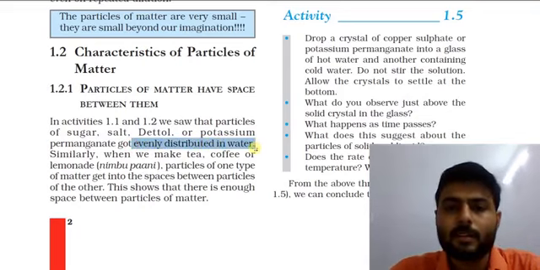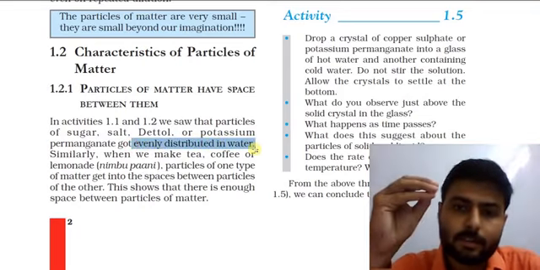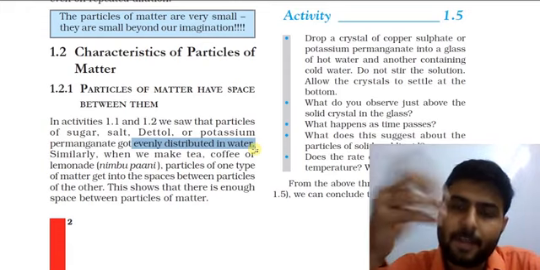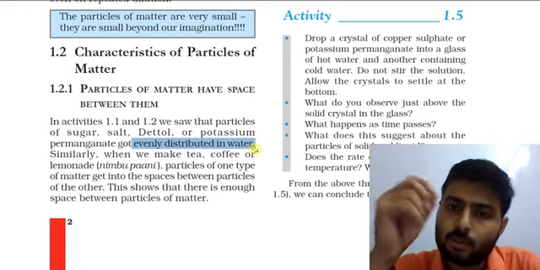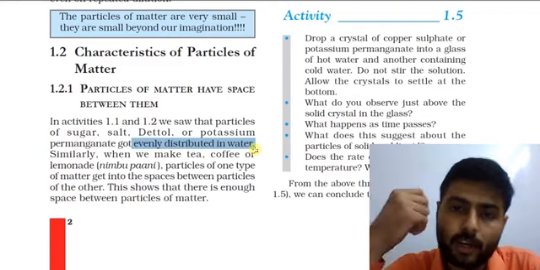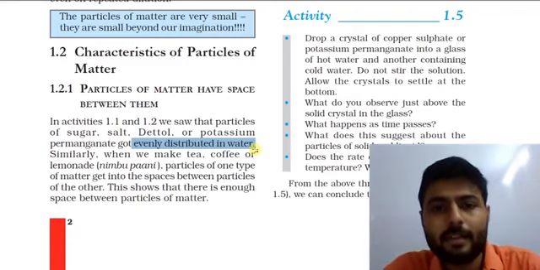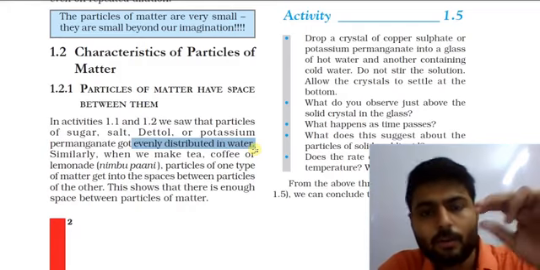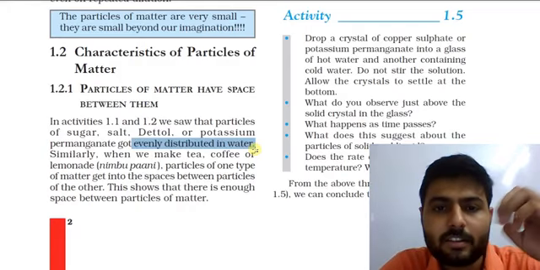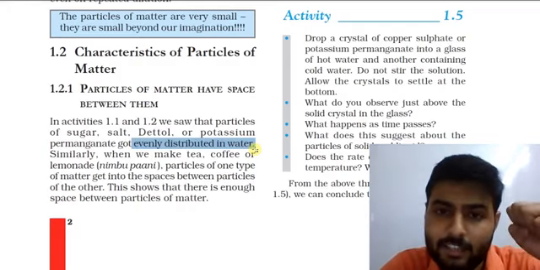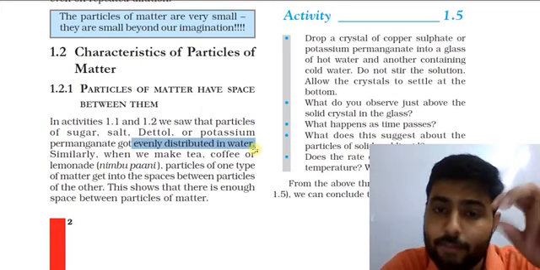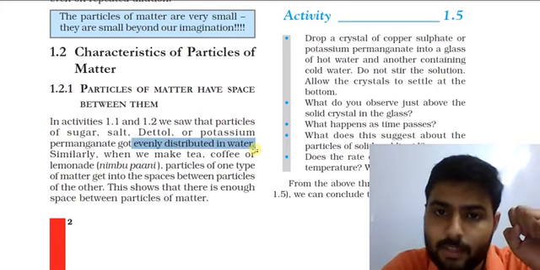Similarly, if we make a solution of salt or sugar and stir it well, what will happen? From every part we get the same sweetness if we put sugar in water.